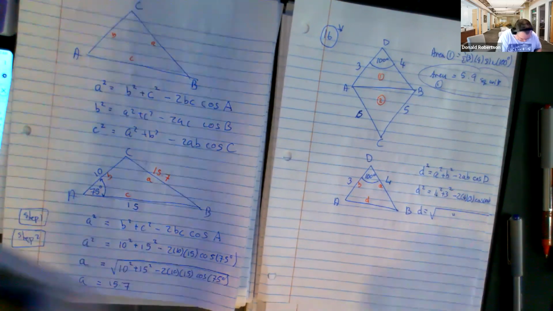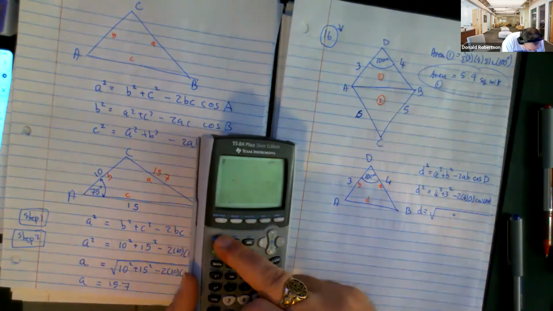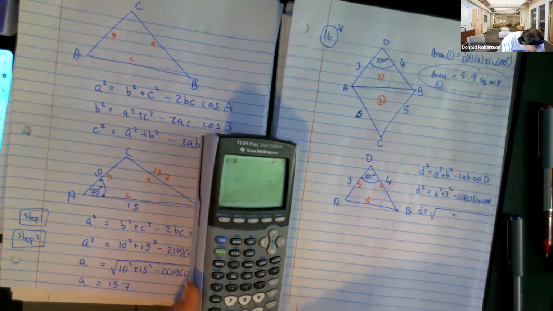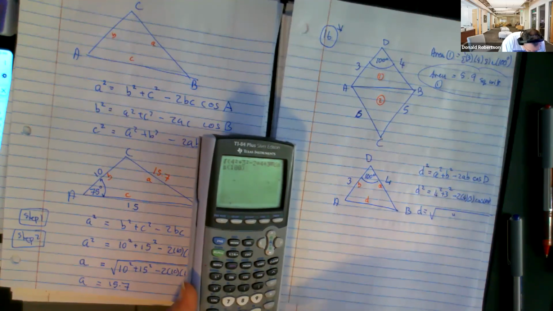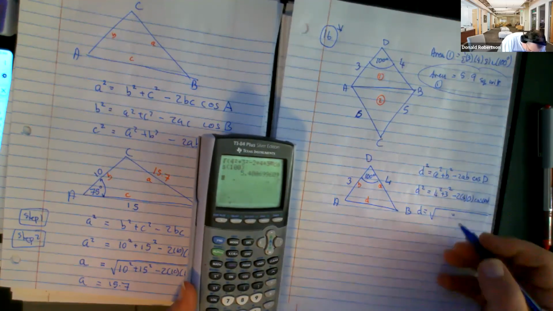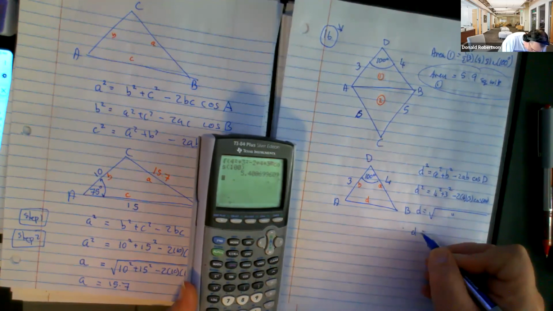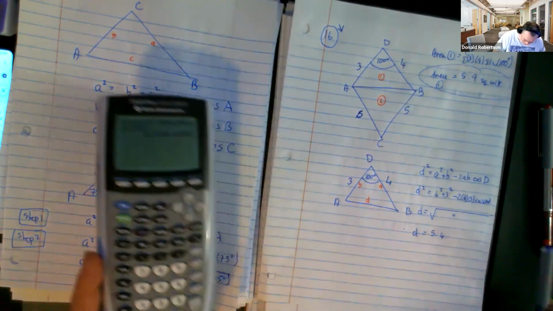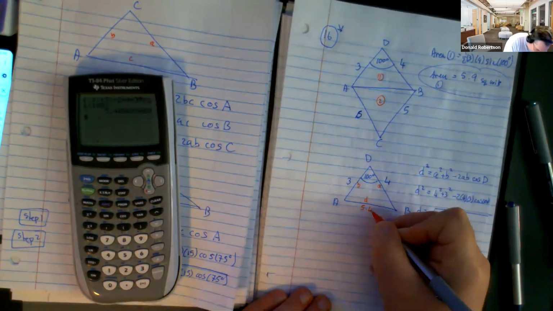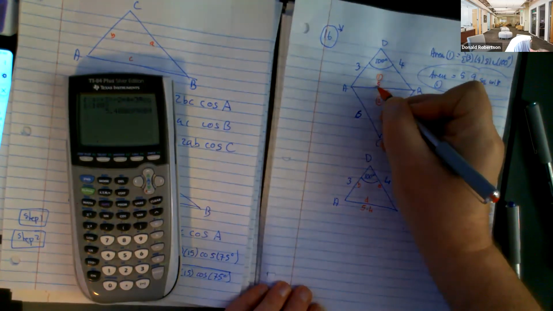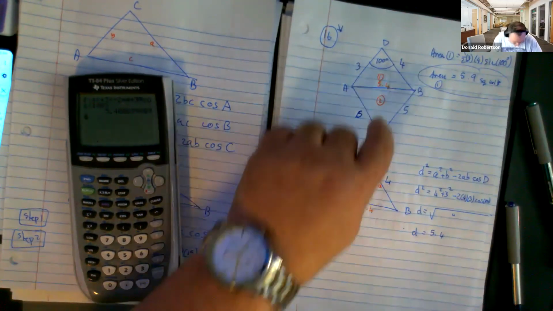So here goes. Square root of 4 squared add 3 squared, take away 2 times 4 times 3 times cosine of 100. And the answer I get is 5.4. Which means I now know that guy. So if I go to my picture, I now know this guy is 5.4.